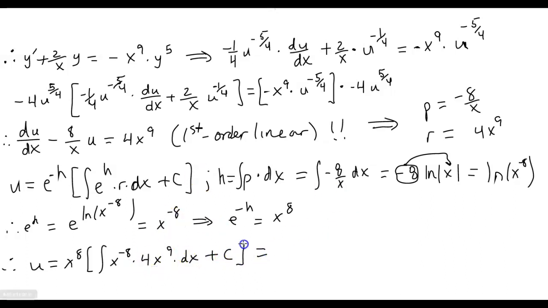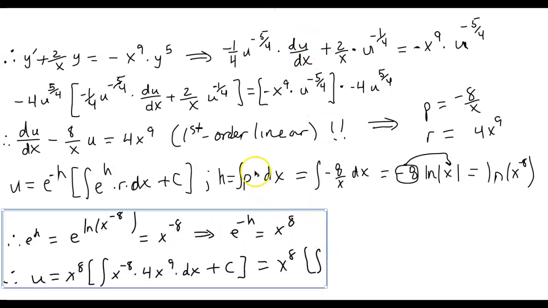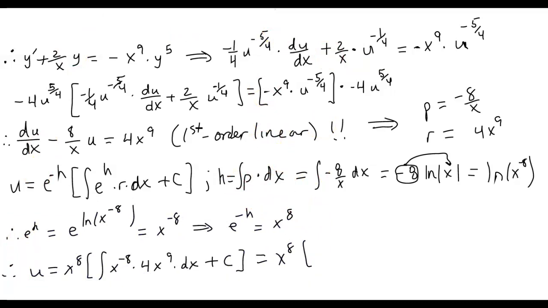And this will just be x raised to the 8 times integral, well, times, we need to factor out that 4 first. All right, so we'll factor out that 4, and then x raised to the negative 8 times x raised to the positive 9 is just x raised to 1, which is just x, plus c.